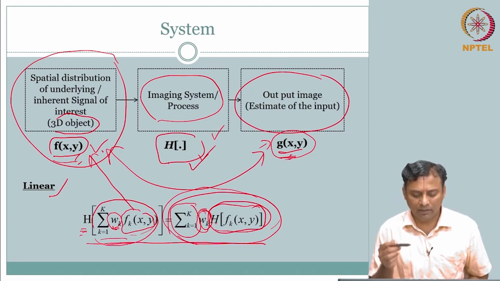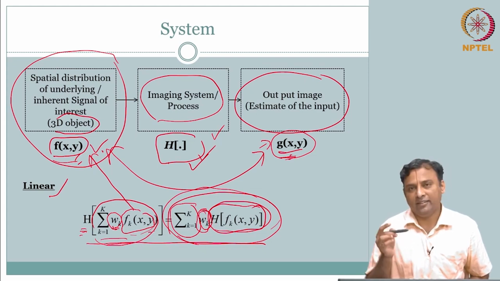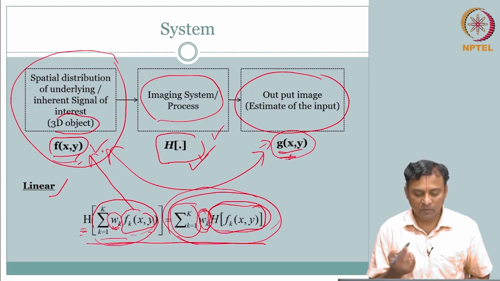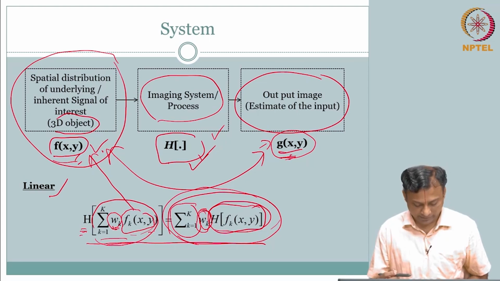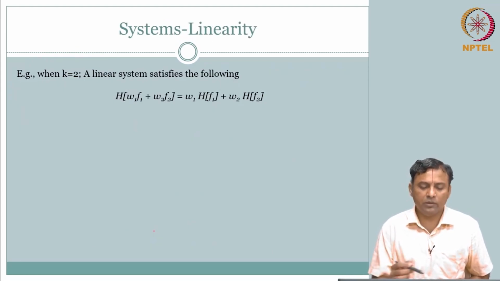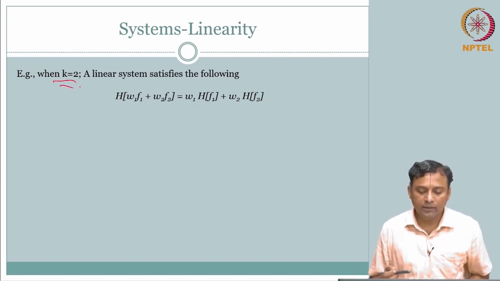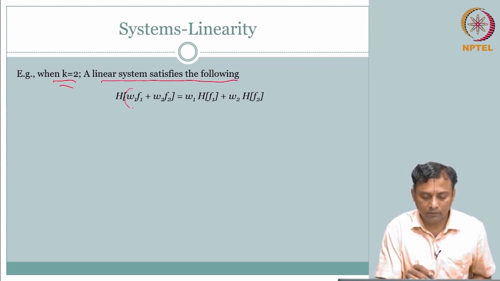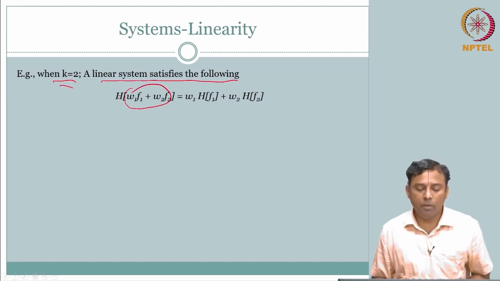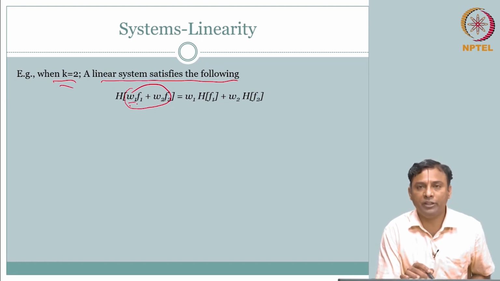It's very similar, in fact, but for the variables used, very similar to your 1D linearity. So you would have used t, but here you are using x and y. So just to write it out, if k is equal to 2, just have two signals, then a linear system satisfies the following. When I present to the system a weighted combination of individual inputs W1 F1, W2 F2.